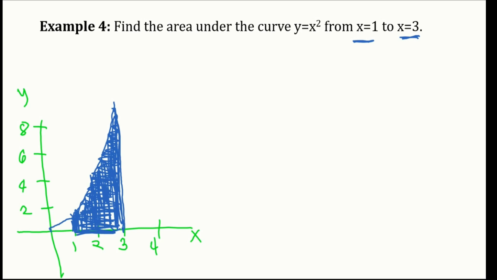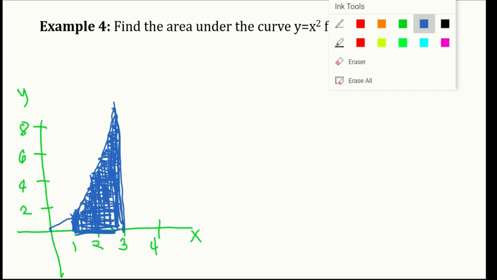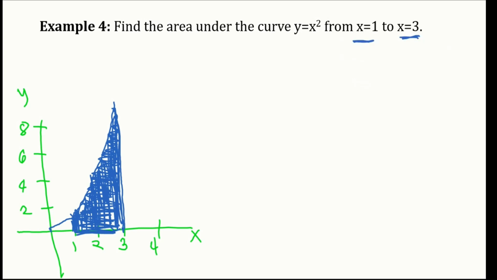So from here, we just have to follow our 4 steps that we obtained from the fundamental theorem of calculus. Let's start with step 1. We have the integral of x squared, which is x cubed over 3.